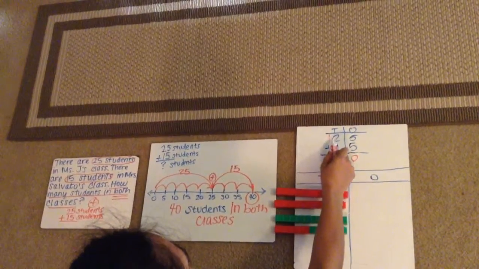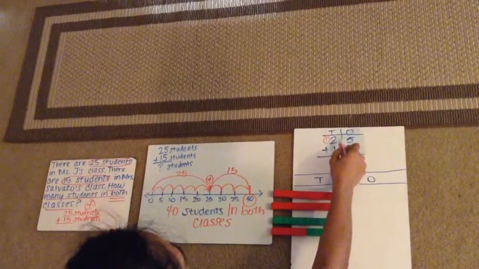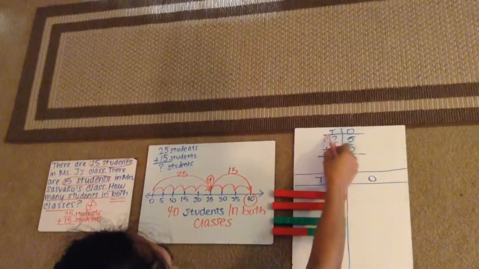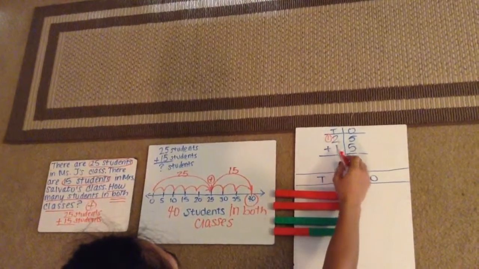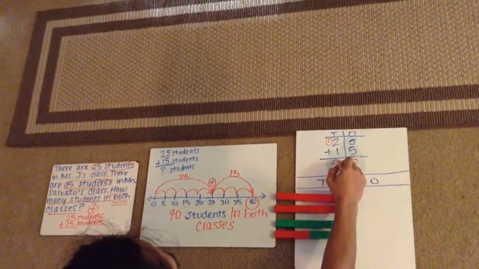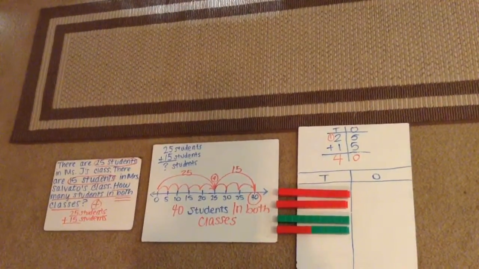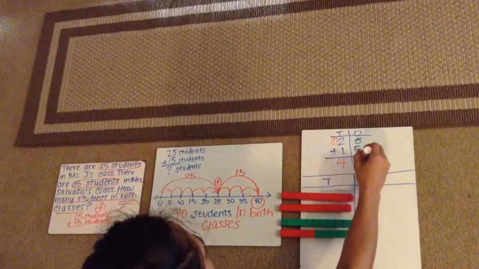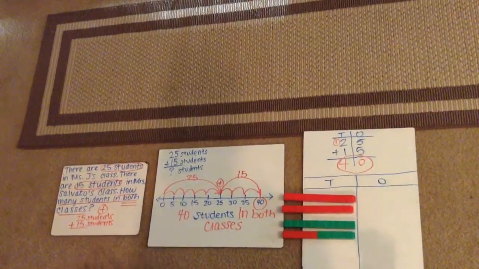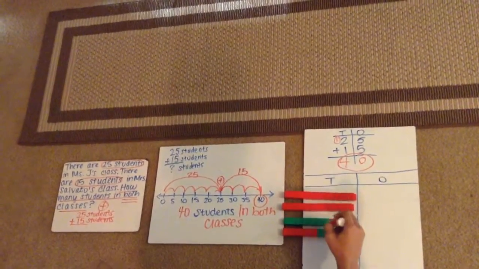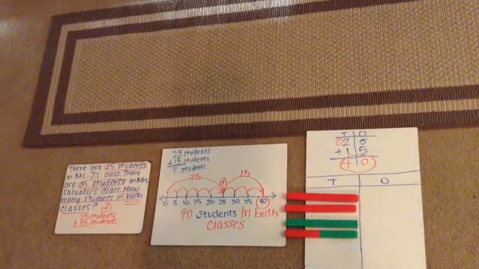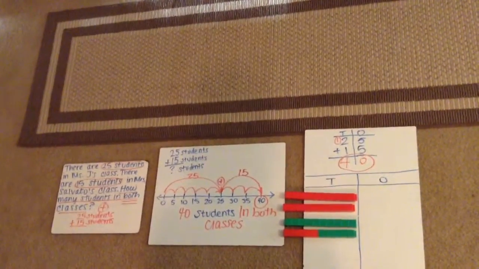This is our long that we made. We're going to carry it over. Now we have 4 longs in the tens place. So now we've found our total number, 40, because 4 longs and 0 units is equal to the quantity of 40.